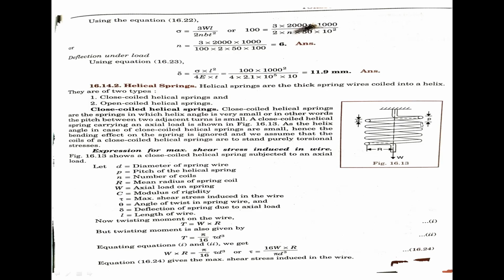This is small. And the helical angle theta is also small. That is called a closed coil helical spring.